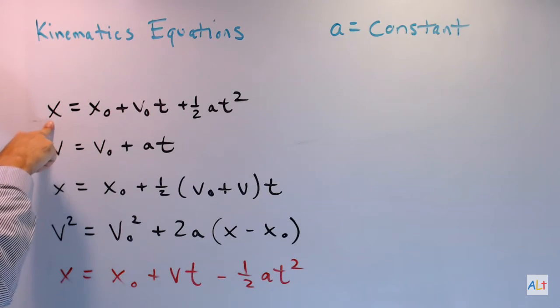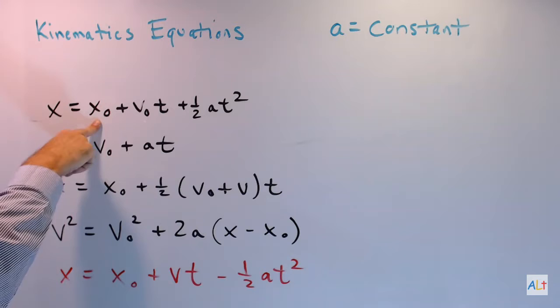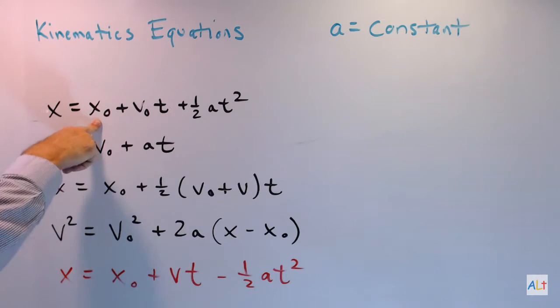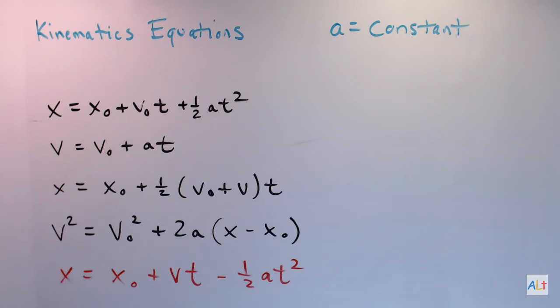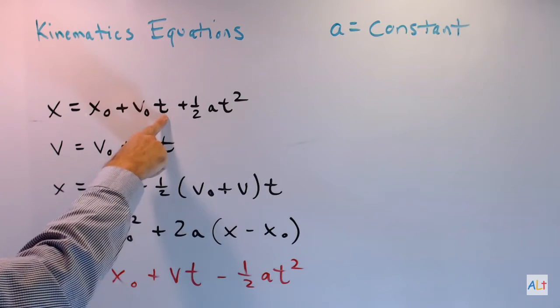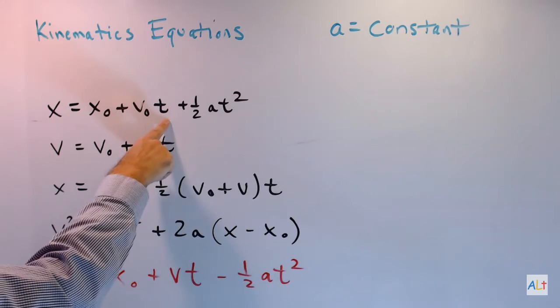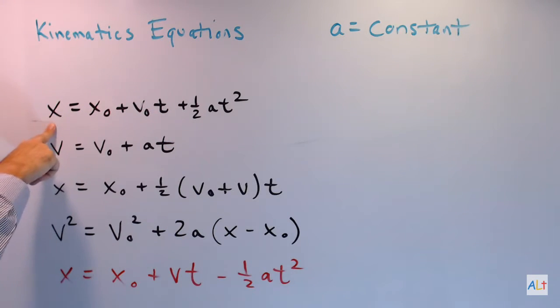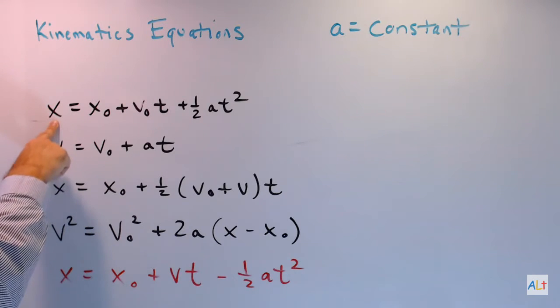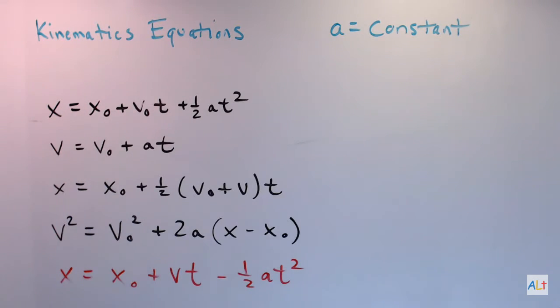So that later time will be the final position, and then when t equals 0, that will be the initial position. Well, it turns out that these formulas actually all work even if t is negative. And if you put in a negative t, then the x that you get corresponds to a time before t equals 0. And in that case, this is the initial and that's the final.